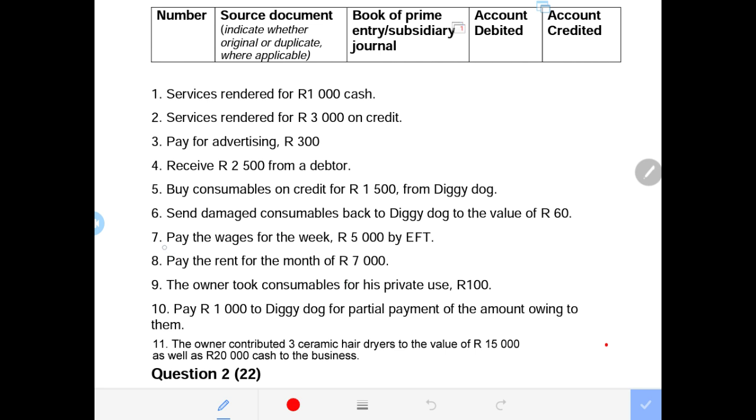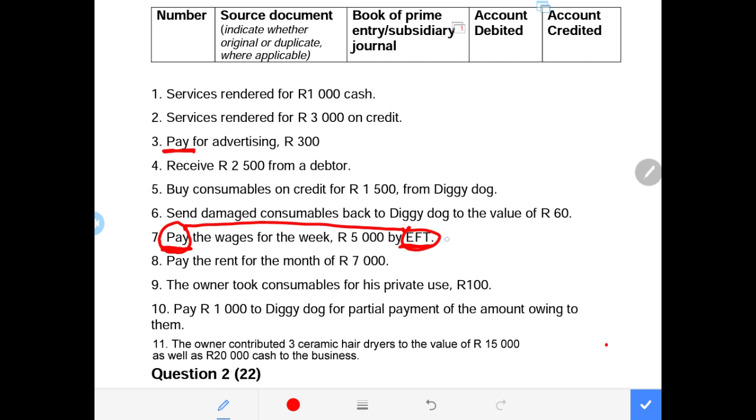Then number 7, pay. The minute you see the word pay, you know that your bank is affected. They may use the term EFT. I'm just scanning the transaction: there is EFT and pay. We know that bank is affected and our bank is decreasing.